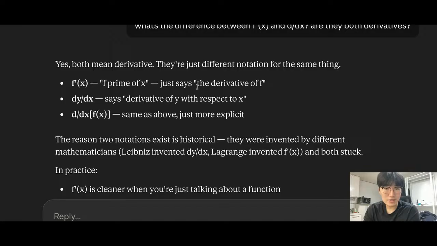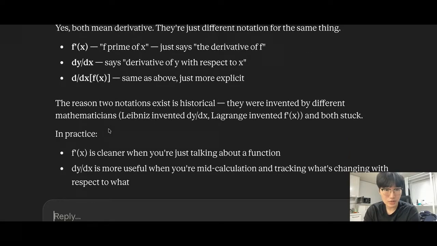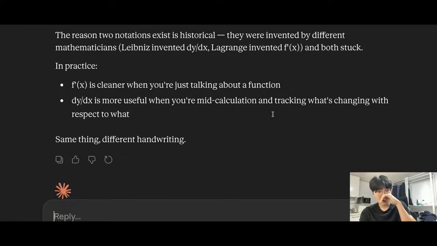F prime of x just says the derivative of f. dy dx says the derivative of y with respect to x. d dx of f of x is the same as both above, just more explicit. The reason two notations exist is historical. They were invented by different mathematicians. Leibniz invented dy dx. Lagrange invented f prime of x, and both stuck. Okay.